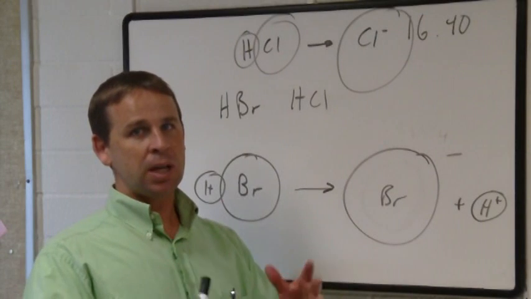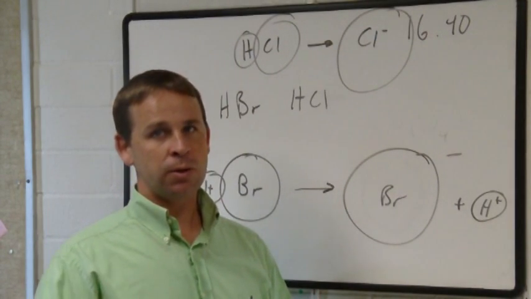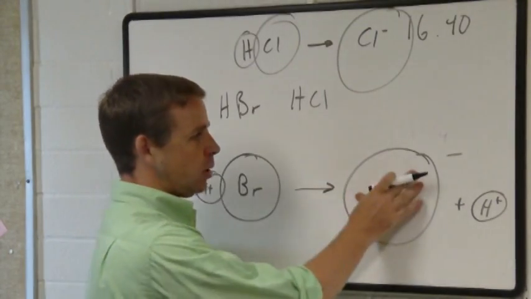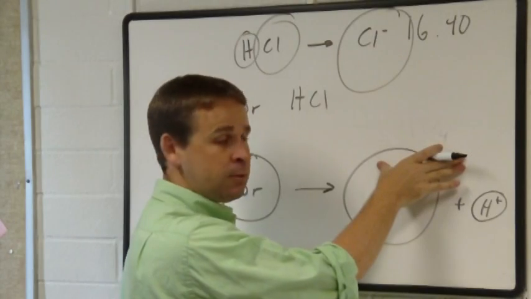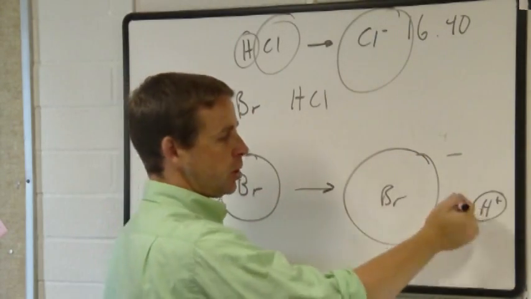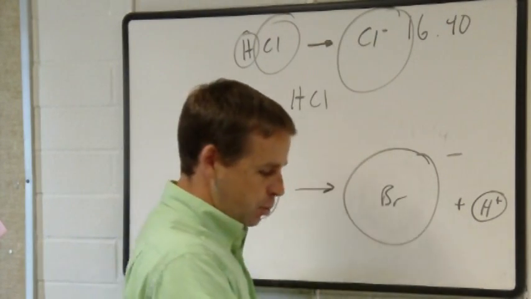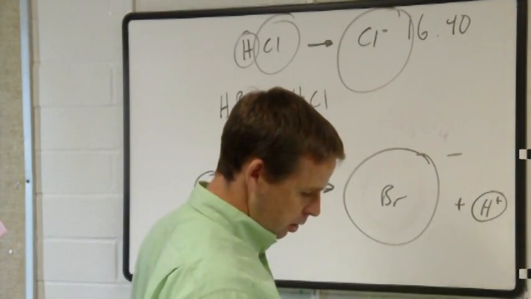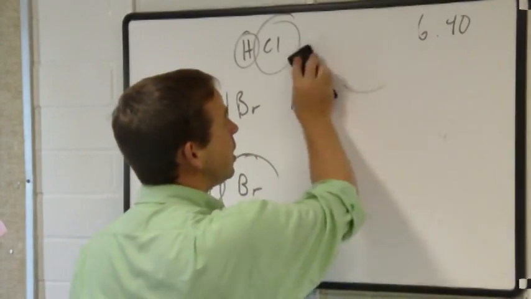So because 1/17 is a higher number than 1/35th, then bromine can maintain that negative charge better. And the ability to maintain that negative charge is also related to the ability to release that proton. So that means hydrogen bromide is going to be a stronger acid. Water and HF. This is the next comparison.